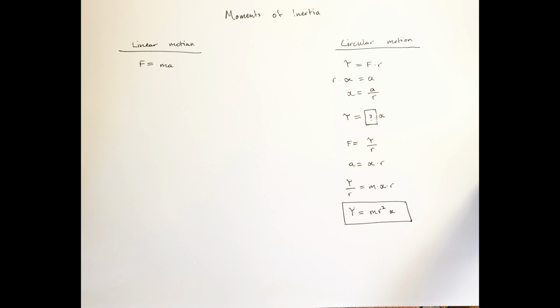We haven't changed anything, we've just rewritten it and substituted these quantities for the ones that are used in linear motion. And then if we combine the like terms of the r, we can simplify this equation to T, or torque, equals m r squared alpha.